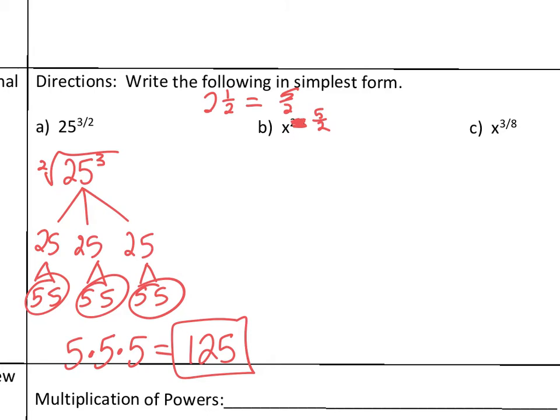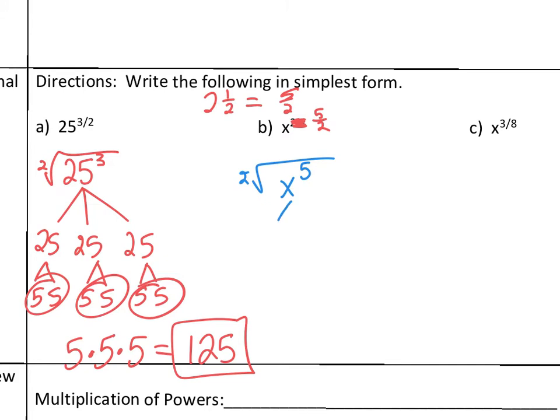So now I'm going to write my radical symbol. What's going to go underneath of it? X to the 5th, because that's the numerator. And my index is going to be 2. So I can write it if I want to. I don't have to.